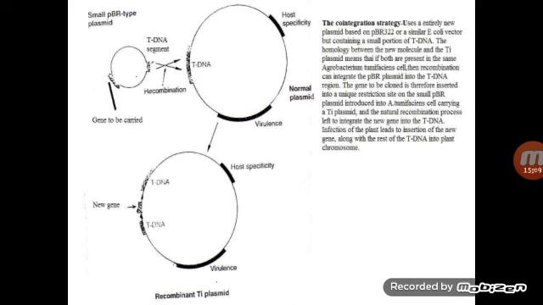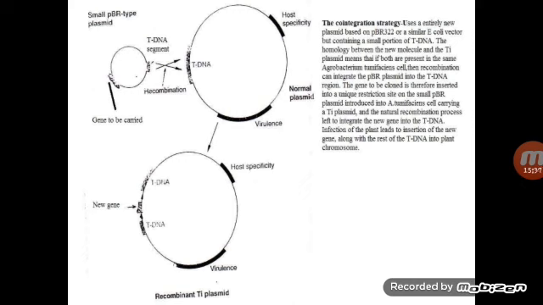So both vectors combine and a mega vector is formed. This vector is called the recombinant Ti plasmid. The recombinant Ti plasmid has host specificity, virulence genes, and T-DNA regions.